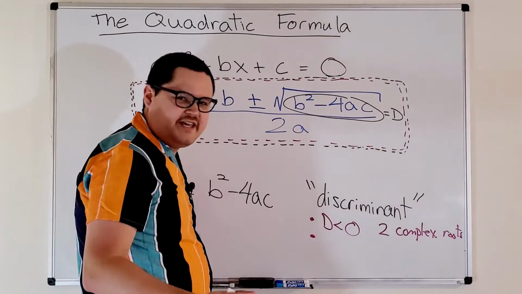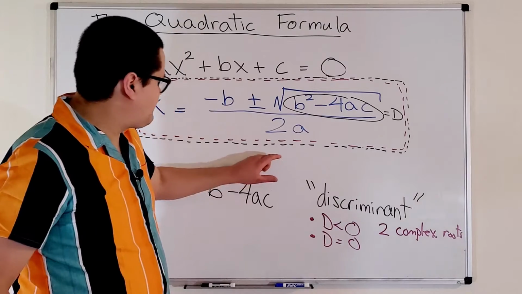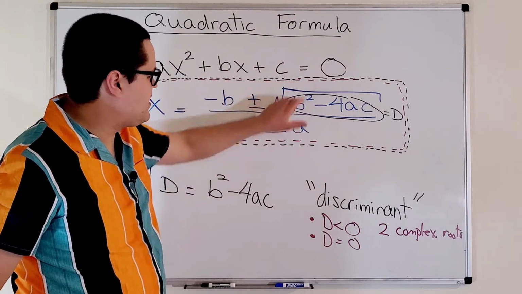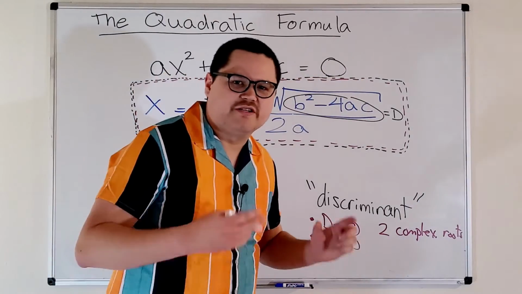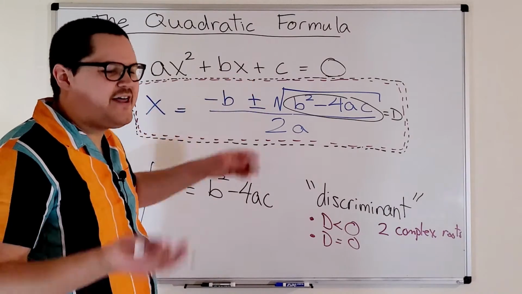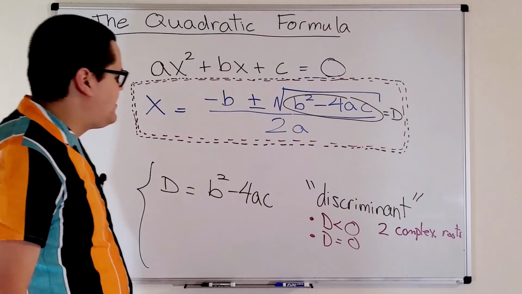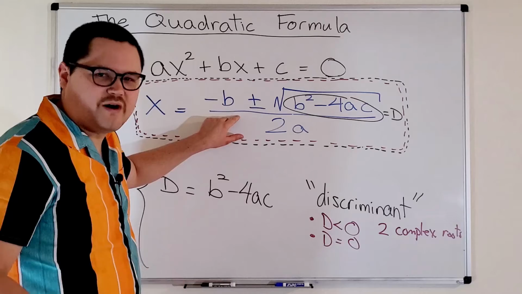What about when D equals 0? Well, then we'll just have the square root of 0 here. And we'll be adding and subtracting the square root of 0, which is just 0. When you add and subtract 0, either way you're going to get 0, so you're not going to do anything. So in this case, we'll have the same root twice.